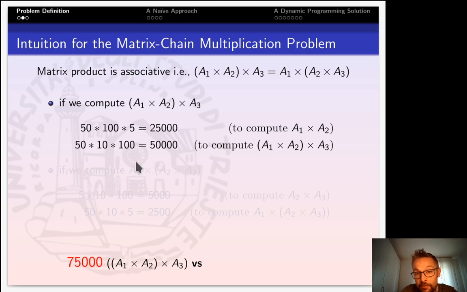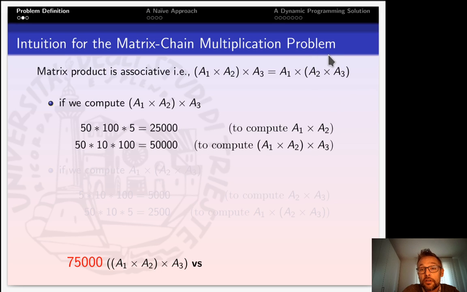So just to multiply the result of what's inside this parenthesis by A3 requires 50,000 scalar multiplications. So in total we end up requiring 75,000 multiplications.